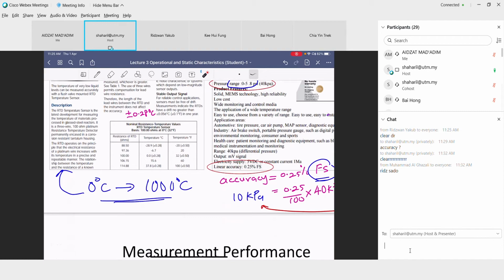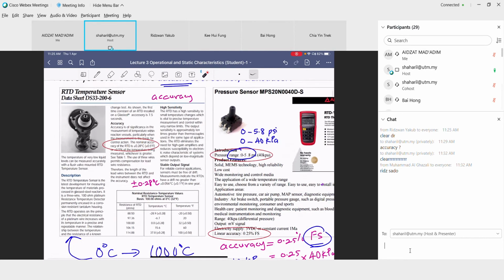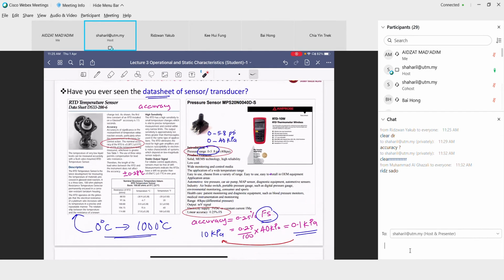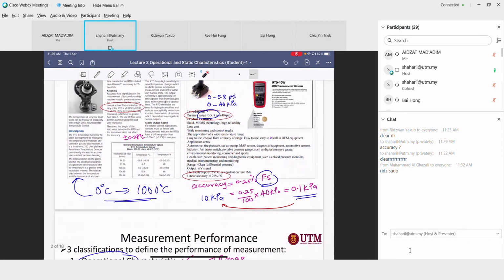That's why sometimes when you look at the datasheet, different manufacturers will write different words, a different standard. Actually, it gives you the same meaning.